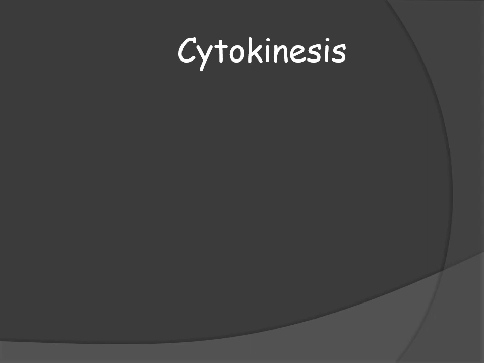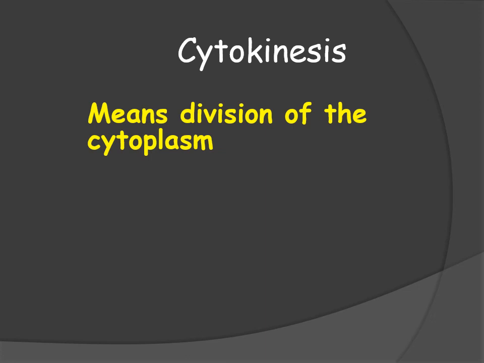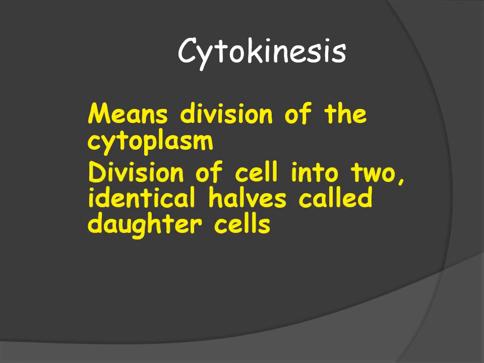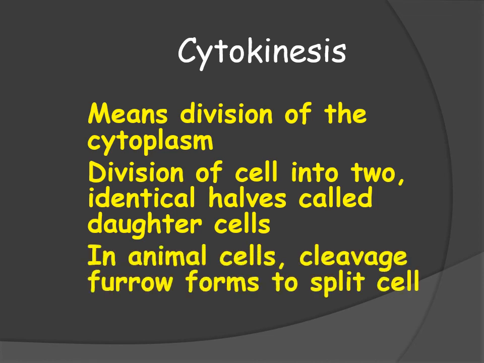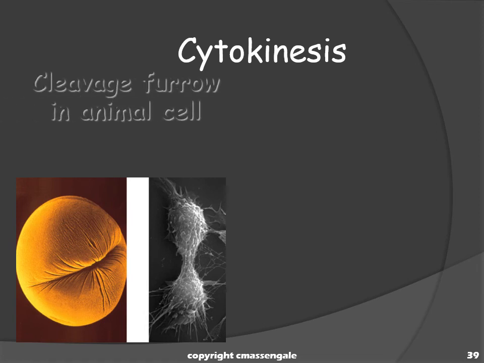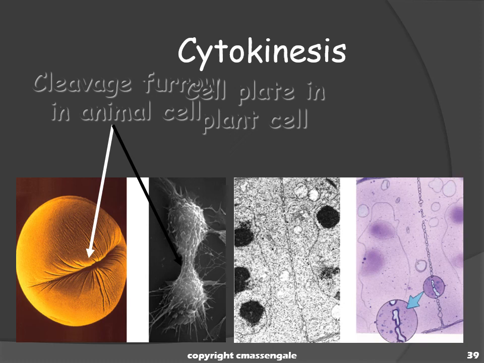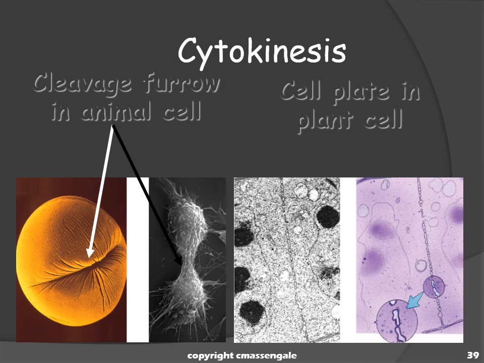Cytokinesis, cyto-cell, kinesis is where it separates. Again, we've talked about it. This is the term for separating into two daughter cells. Now, it's done by cleavage furrow or it's done by a plate. Okay, and there's the images.